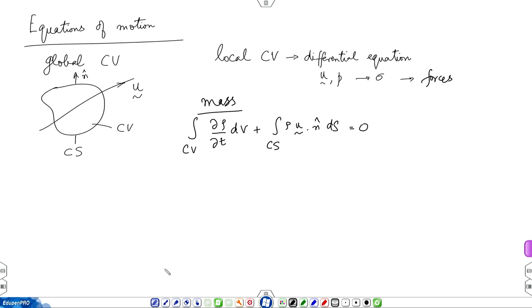And then very often we use, let us say, a steady state version in which the first term, the time derivative, is 0, and even more common is incompressible, where density is constant.